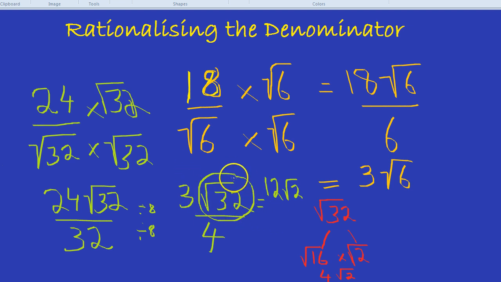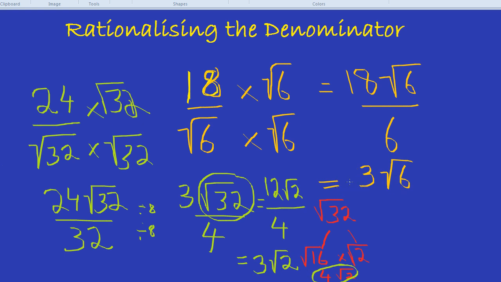Notice how the root 32, I swapped it with a 4 root 2. And so we had 3 times 4 root 2, which becomes 12 root 2. Still divided by 4. Finally, 12 divided by 4 is 3. We don't divide the root 2 as well. So just 12 divided by 4 is 3. So the answer is 3 root 2.